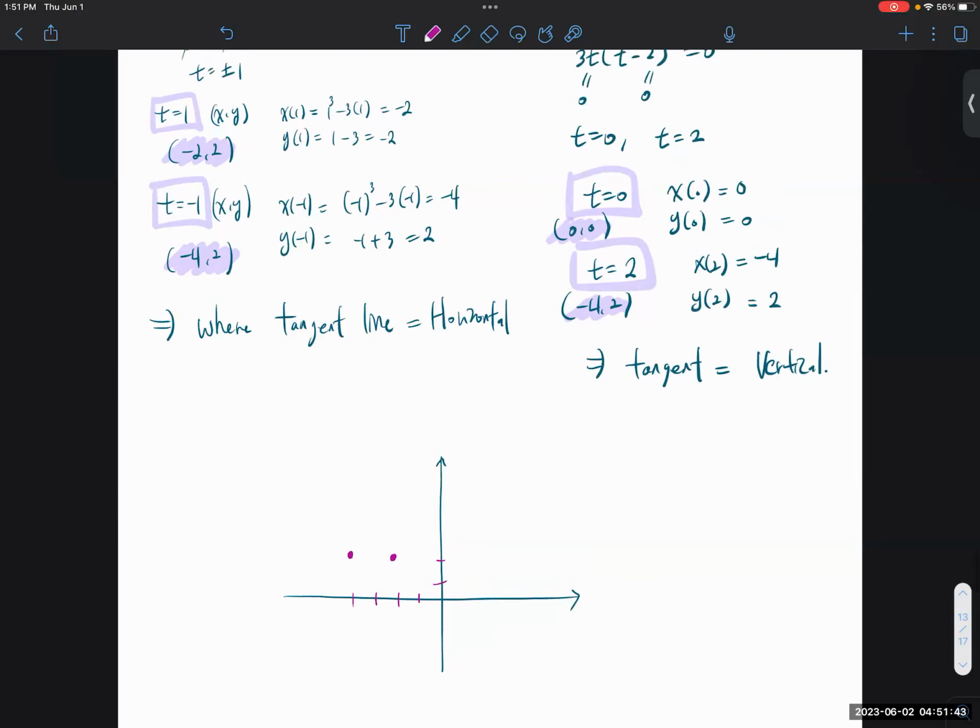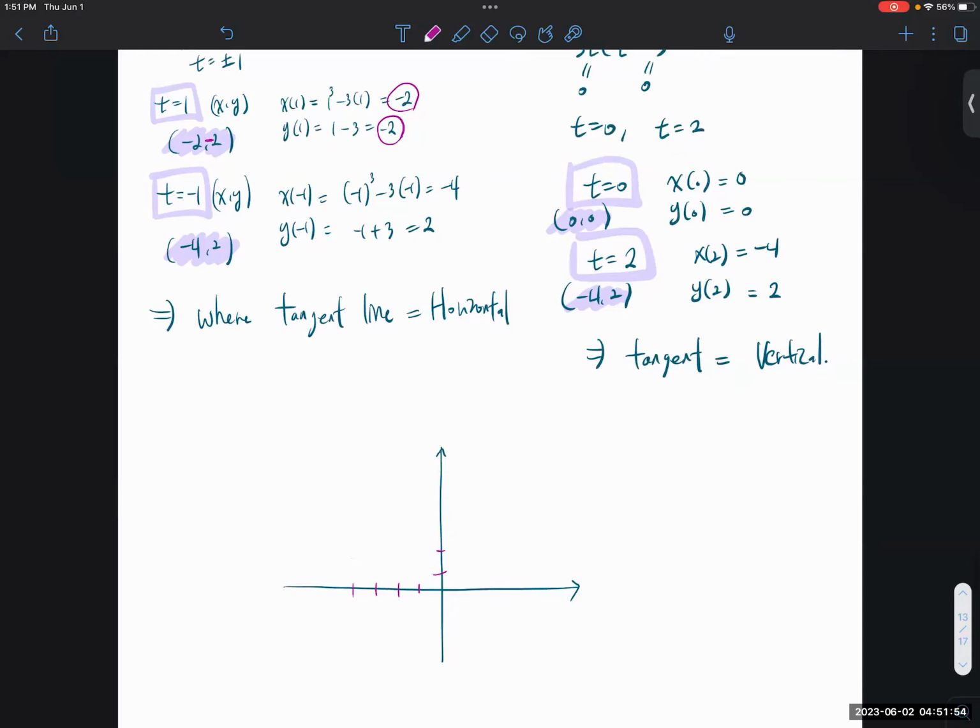One second, did I write down the correct point? I'm missing a negative: it's (-2, -2). So let me redraw the points. (-2, -2) is right there, and (-4, 2) is here.